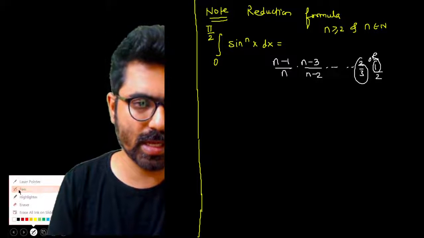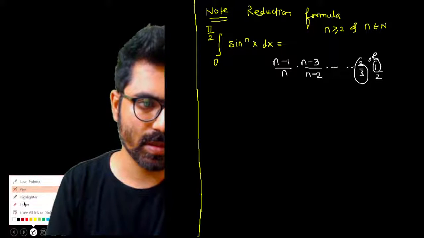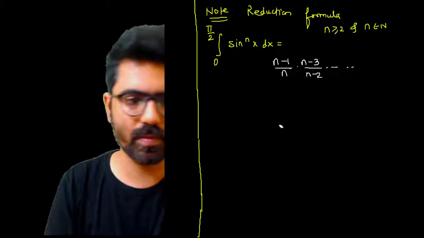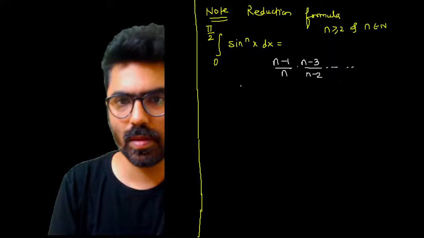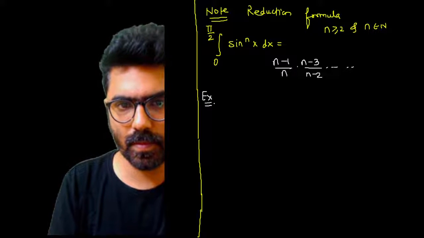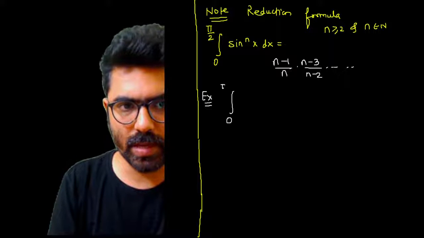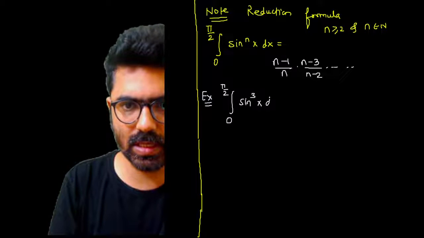Okay, let me just take an example. In the end, you will be getting 1 by 2 or 1. I'll erase this part and we'll take an example. It will be more clear. The integral from 0 to pi by 2 of sine power 3x dx.